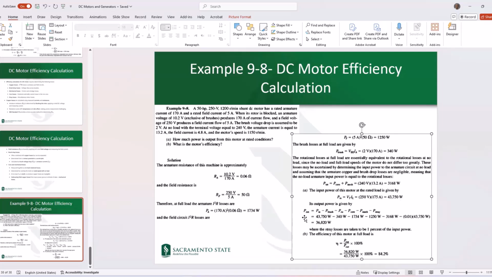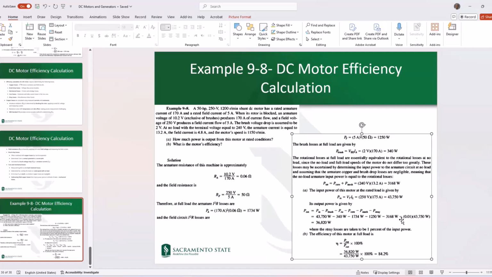And the output power is given by the input power minus all of these losses that we approximated, which becomes 43,750 watts minus all the losses: P brush and P copper calculated here, the summation of core plus mechanical losses that we call P rotational, and we assume that's 3168.